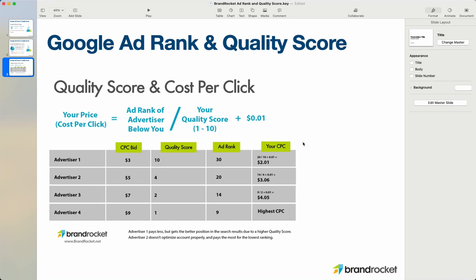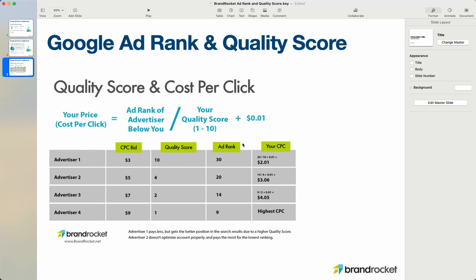All right, let's take a look at a perfect example. Imagine that this is a search results page in Google. Here are advertisers 1 through 4. Here are the bids, what they're willing to pay on a cost per click basis. Here's the quality score. Advertiser 1 spent a lot of time making sure that the quality score was pretty good, and number 4 did not do right.